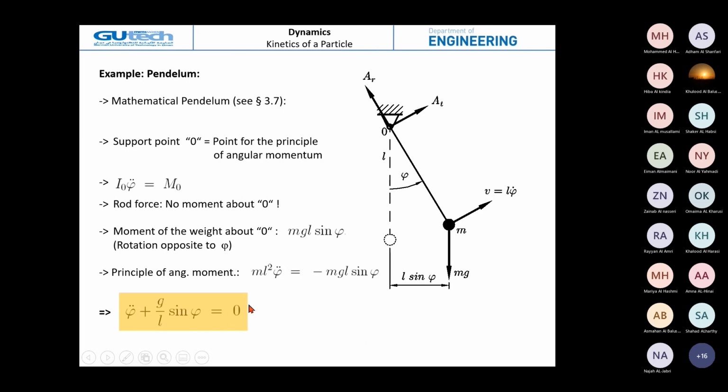And if you remember well, the solution is given by phi equal a sine plus b cosine. We make the derivation two times, and we have to determine the constants a and b. You can see the same example previously by using D'Alembert and Newton's law.